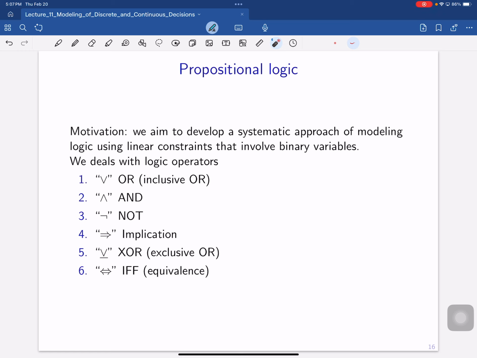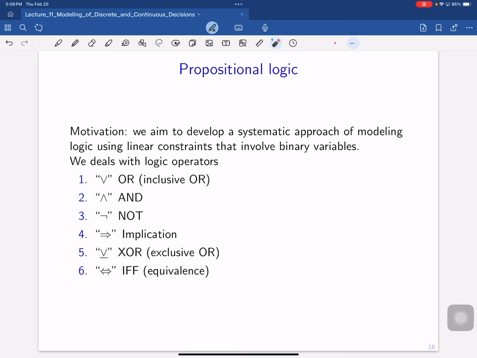So in the next few slides, what we will give you is a systematic way of translating any logic propositions into 0-1 variables and formulating them as mixed integer linear programs. In order to do that, we need to introduce a concept called propositional logic. The idea of propositional logic is it can represent any logic relationships between logic variables.